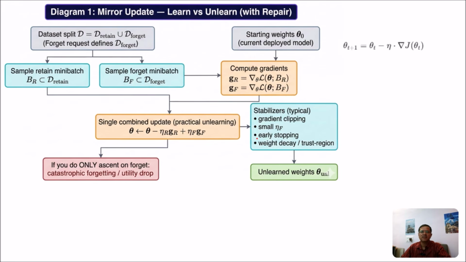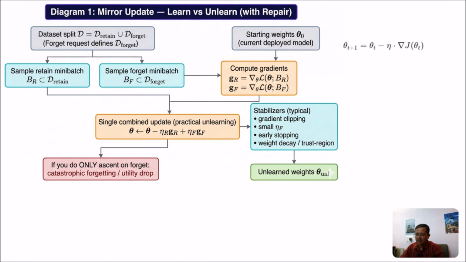But you may ask why we cannot retrain the entire model from scratch. Generally, retraining the entire model from scratch requires a lot of resources and time. So this is often costly. This is the reason we prefer the machine unlearning concept.